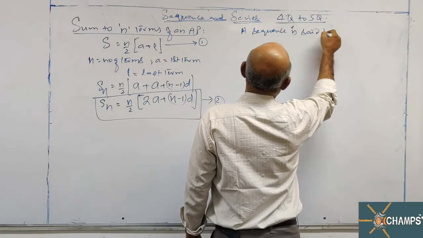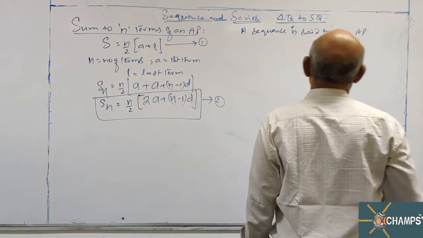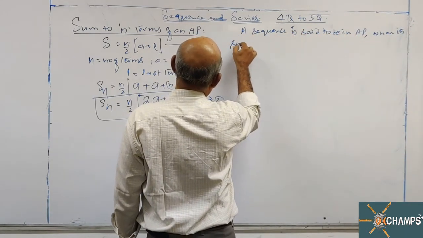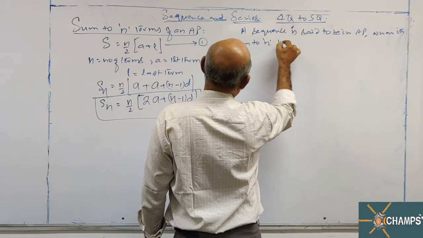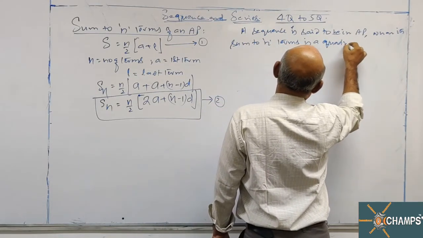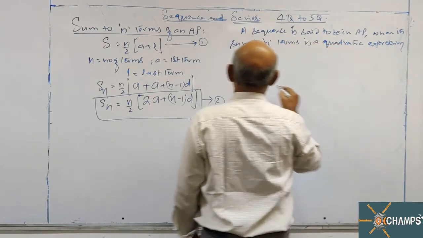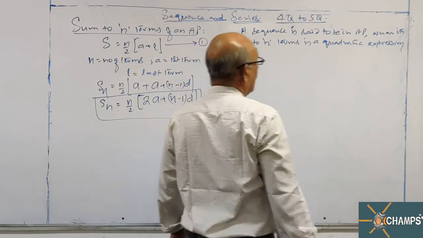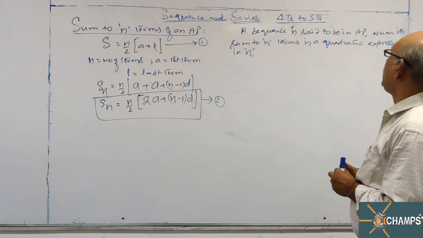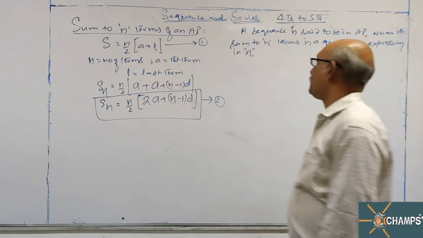A sequence is said to be in arithmetic progression when its sum to n terms is a quadratic expression in n.